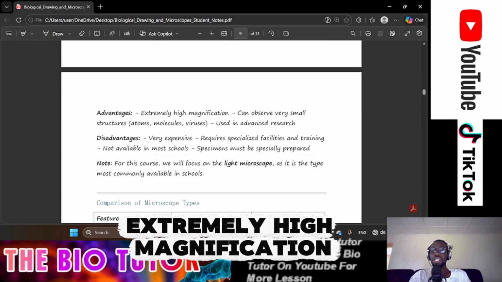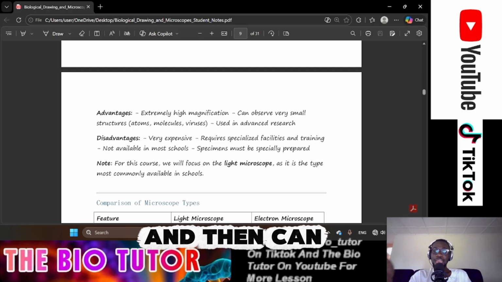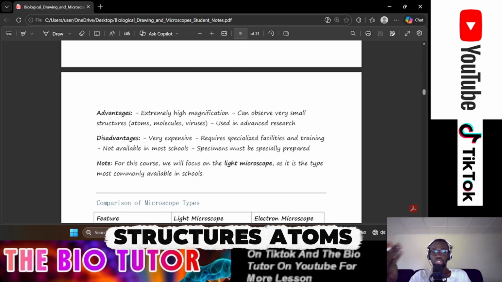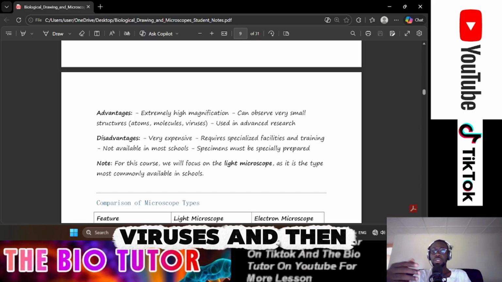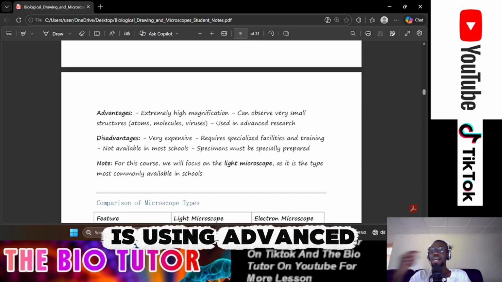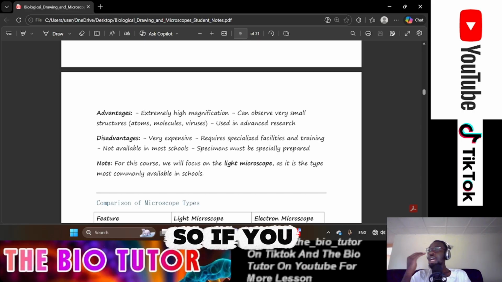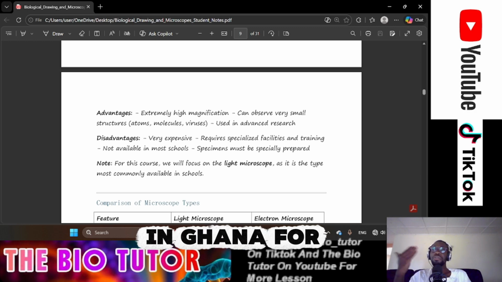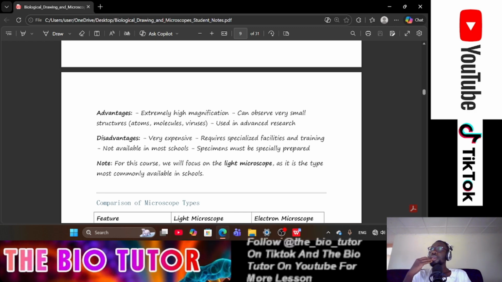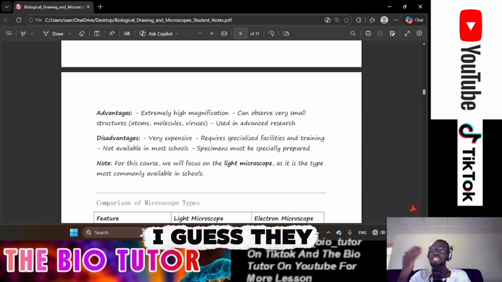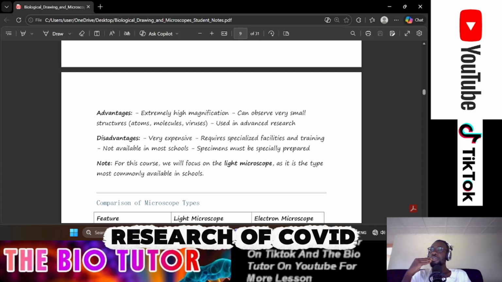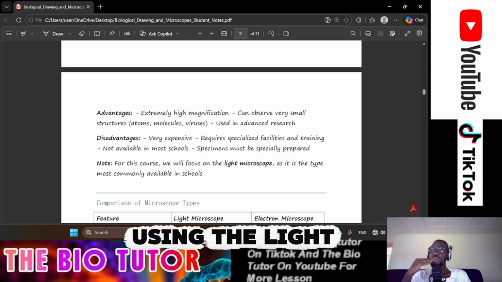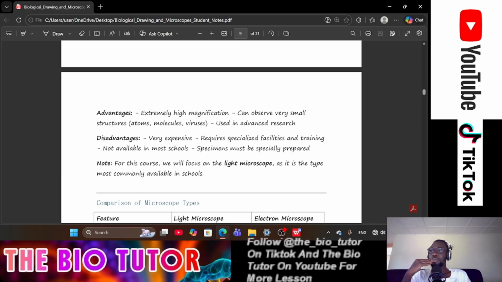Extremely high magnification, as we can all bear witness, and it can observe very small structures, atoms, molecules, and viruses. And it is used in advanced research. If you go to Noguchi in Ghana, for instance, I guess they have this electron microscope because in the research of COVID-19, you can't be using the light microscope.